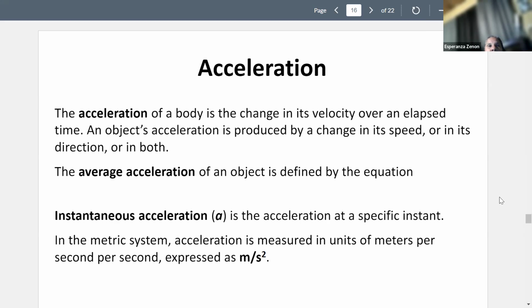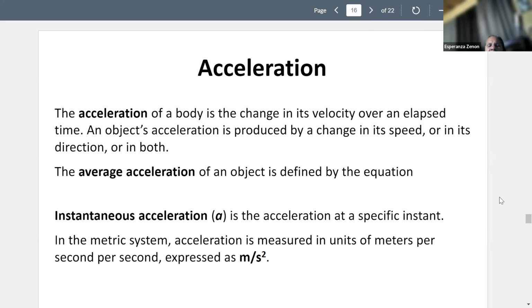If you're a good driver, you slow down, meaning you hit the brakes, but you also have to steer the wheel. So your direction is changing and your speed is changing, which means you're definitely accelerating.